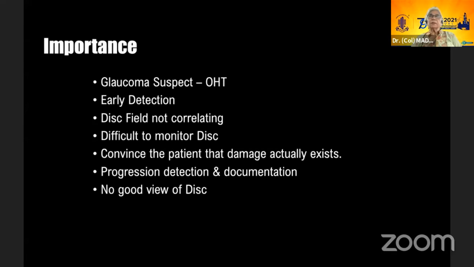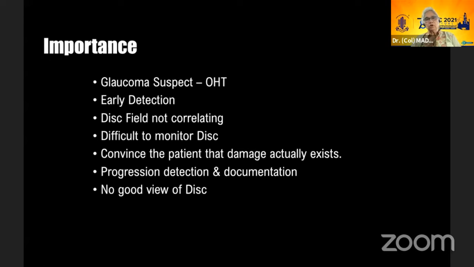But the OCT has a wavelength of about 810 to 1040 nm, so it can go through relatively translucent media better. So it can give us good pictures, though it may not be as high quality as in a clear lens, but at least we'll have some data.